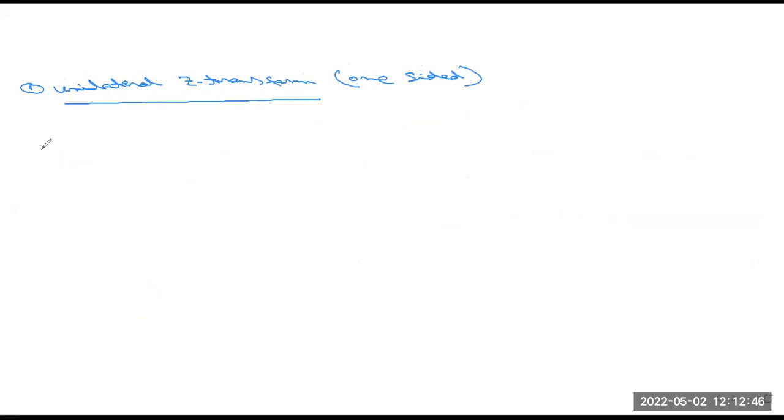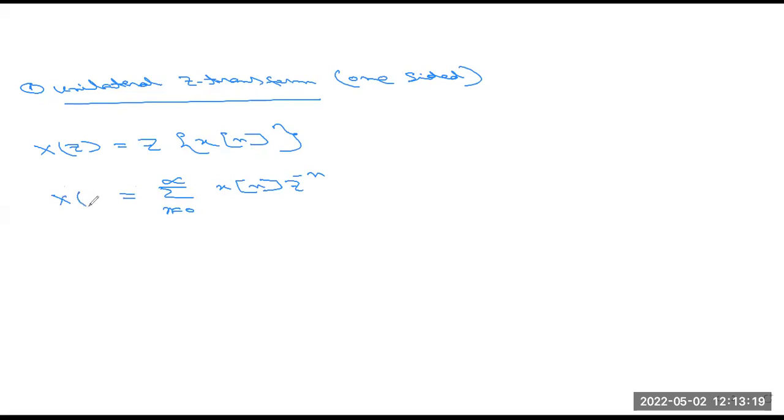The function is X(z), which equals the z transform of the function x(n), and we write this equation: the summation from n equals 0 to infinity of x(n) times z to the power minus n. This is called the one-sided jet transform.